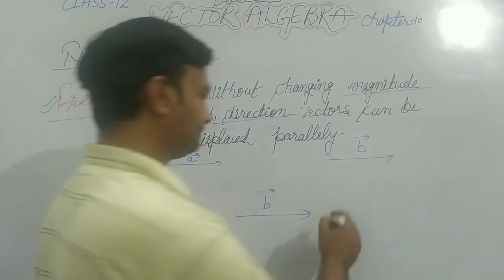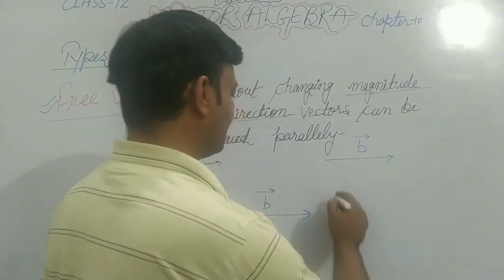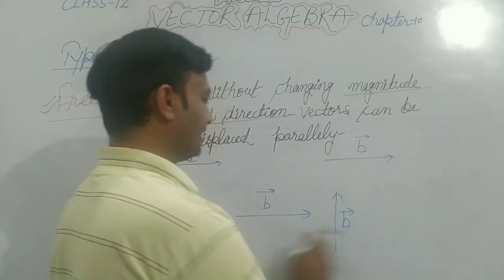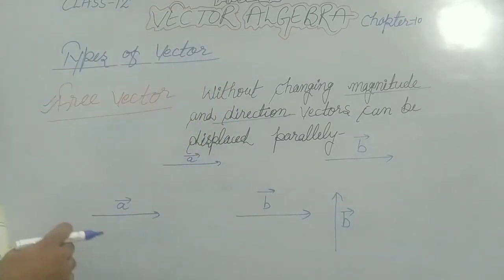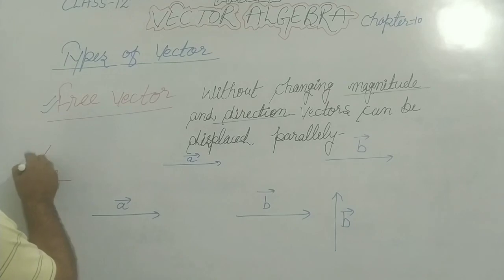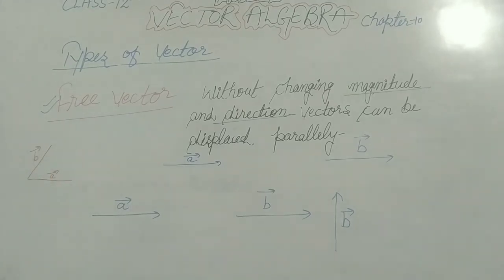If we displace it in such a way, in this condition the vector is not a free vector. Let's see one more example here. We have two vectors, vector A and vector B, and the angle between both the vectors is theta, isn't it?